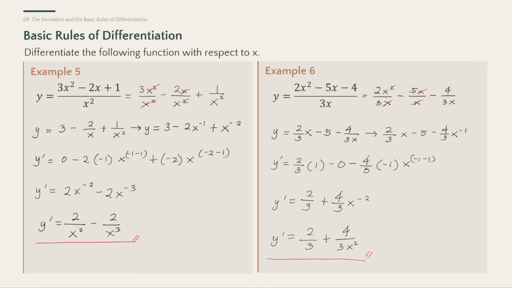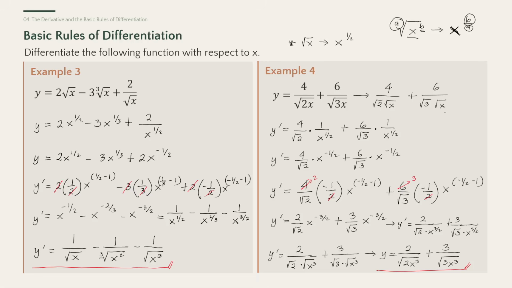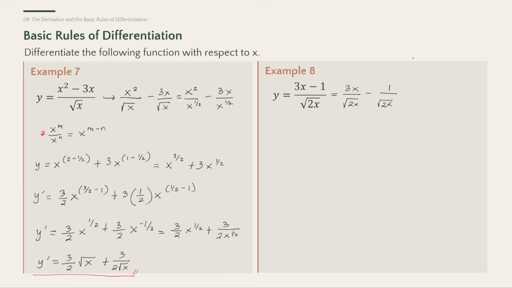But similar to the previous examples, like example number 4, since we have a constant inside the radical, we can separate that using the law of indices. Let me just rewrite this. 2x, and then separate 3 over square root of 2. Then, let me also separate the variables.